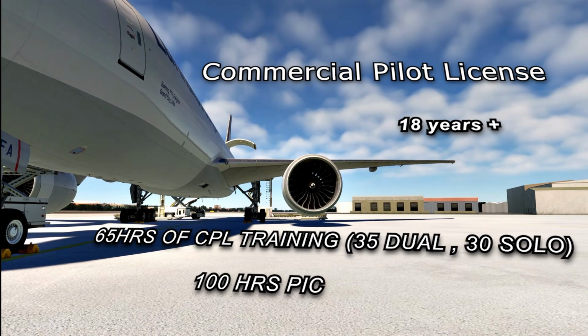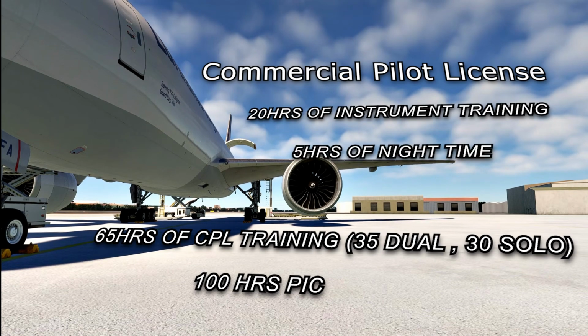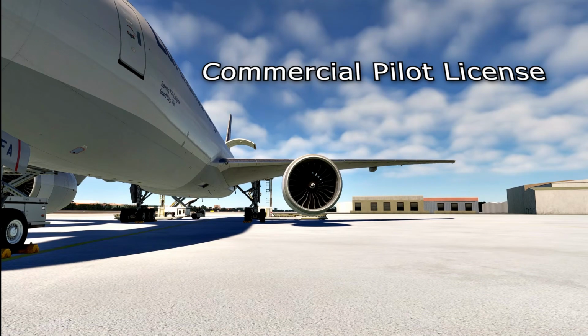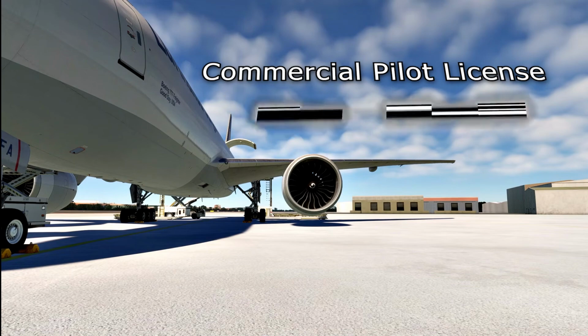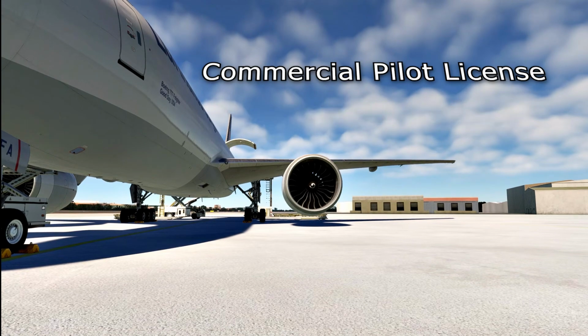You also need 20 hours of instrument time and 5 hours of night time. The last thing you need is 20 hours of cross-country time, including a 300 nautical mile trip. You could do as many trips as you need, and it should add up to 300 nautical miles. You don't need to get 300 nautical miles in one flight.